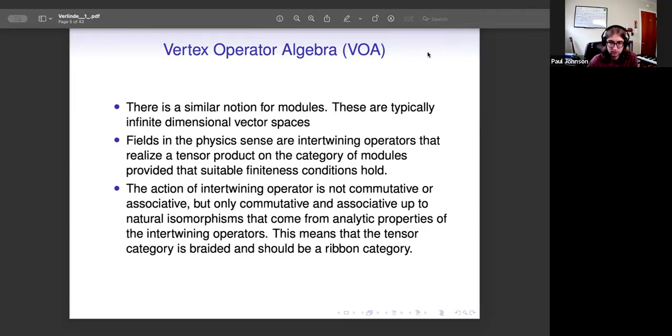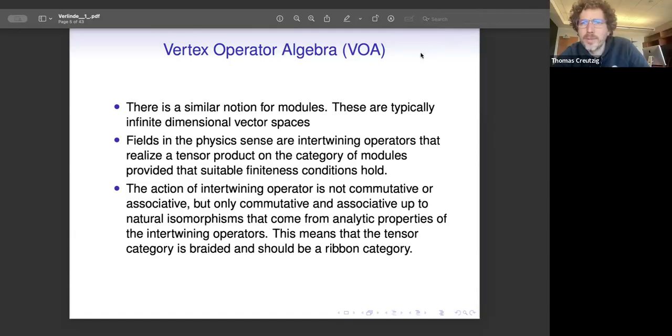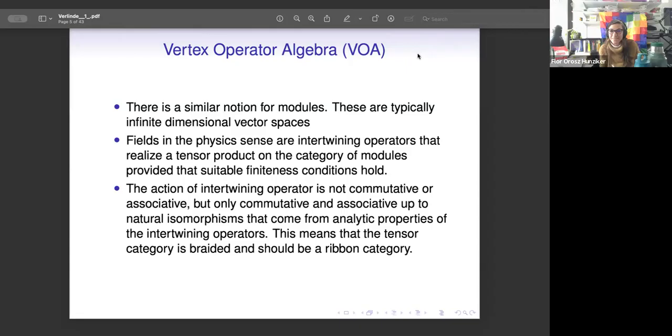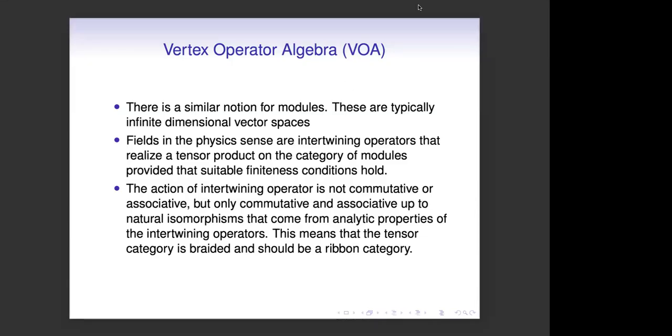I'll do it, Thomas. Don't worry. I will switch the Wi-Fi for one moment because there are two. Let's see whether the other one is better. Okay, now we can hear you.